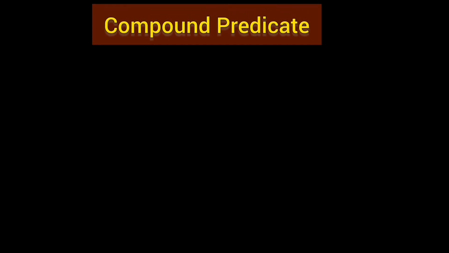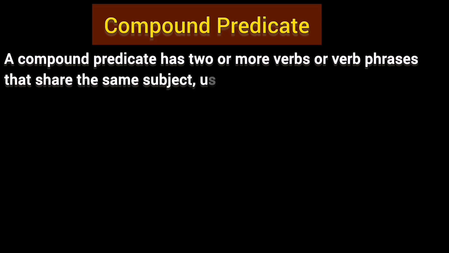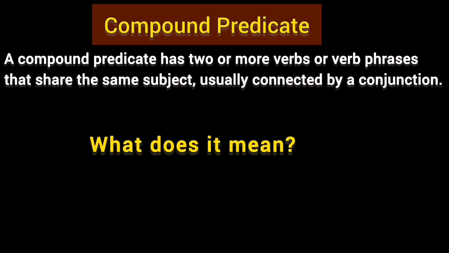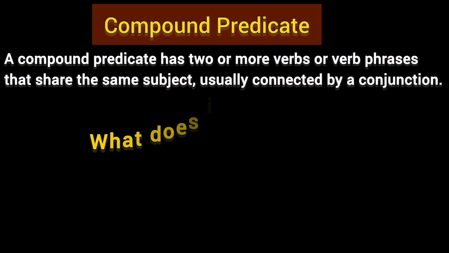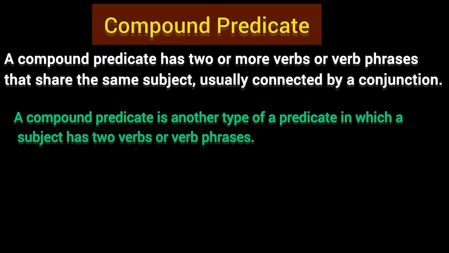Compound predicate. A compound predicate has two or more verbs or verb phrases that share the same subject, usually connected by a conjunction. What does it mean? Simply, it means that a compound predicate is another type of predicate in which a subject has two verbs or verb phrases.